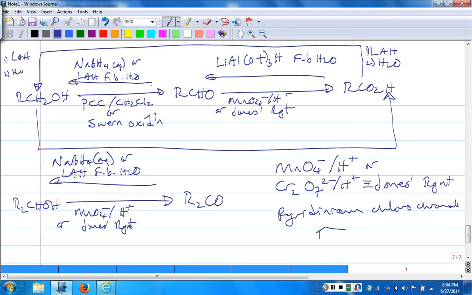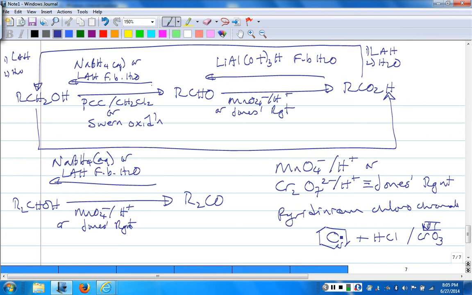Basically you take pyridine and HCl and CrO3. So you dissolve chromium 6 oxide or chromium trioxide and pyridine in HCl. You make that mixture, and it's called pyridinium chlorochromate.